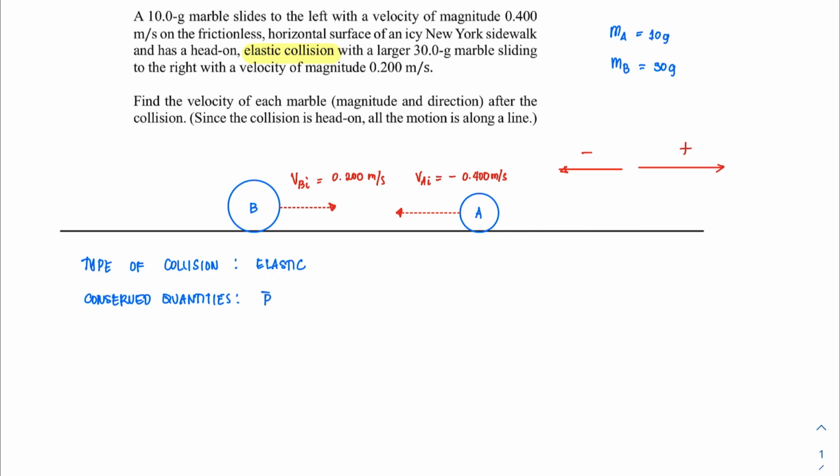The conserved quantities in this case are momentum, because this is always conserved regardless of collision, either elastic or inelastic, as well as kinetic energy, because the collision is elastic.